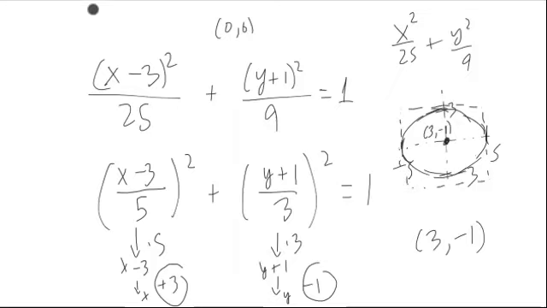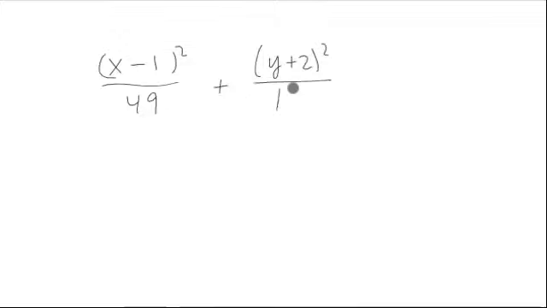So we just have a couple things to remember. When we have something like x minus 1 squared over 49 plus y plus 2 squared over 16 is equal to 1, right here, we know we're going to go from the center in the x direction, 7. And in the y direction, we're going to be going up 4, just the square root of 16.